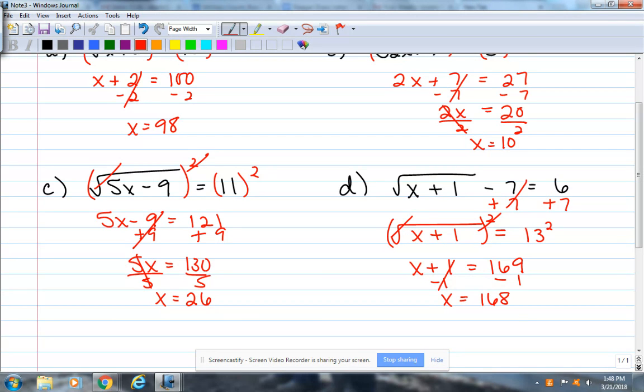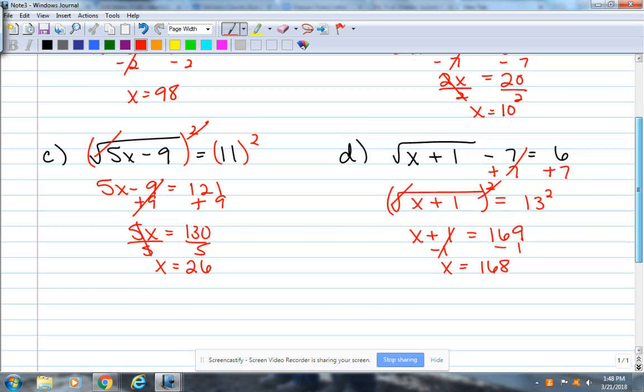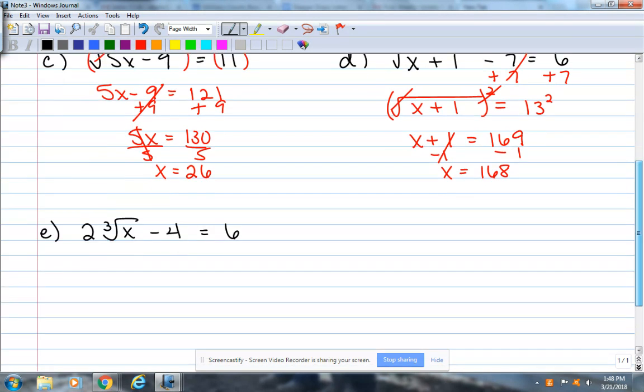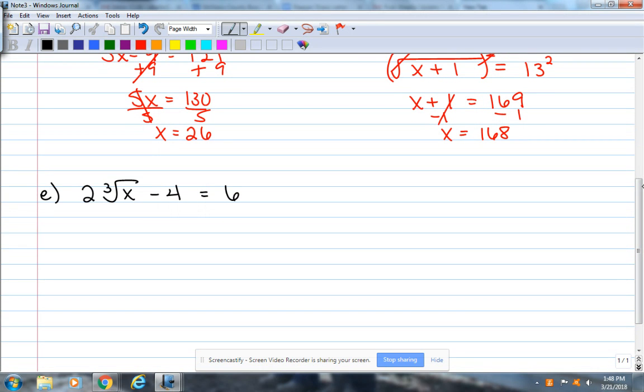Let's do another cube root. 2 times the cube root of x minus 4 equals 6. So again, what we want to do first is get the whole radical part by itself. So we want to get the cube root of x by itself.